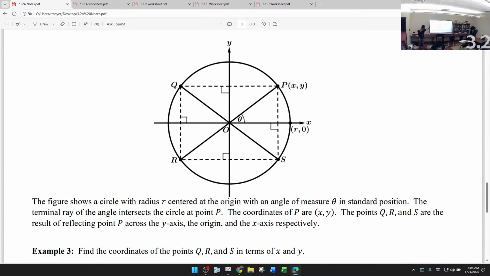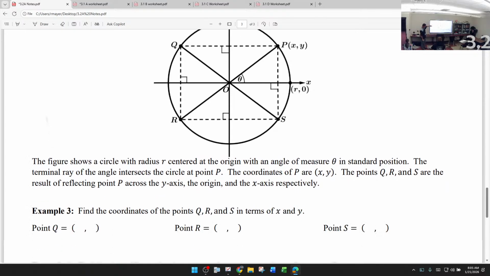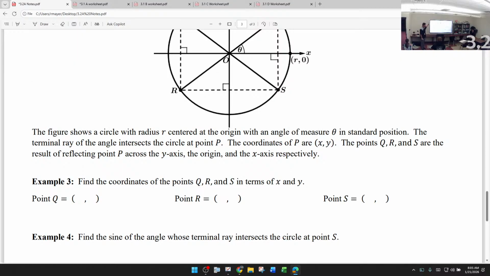The coordinates of Q, R, and S are a result of reflecting P across the Y axis, the origin, and the X axis. Find the coordinates of Q, R, and S in terms of X and Y.